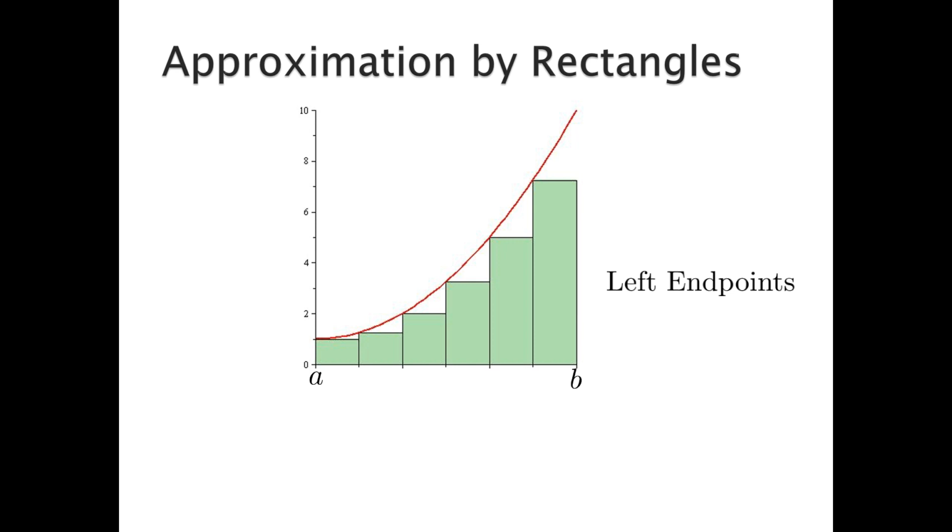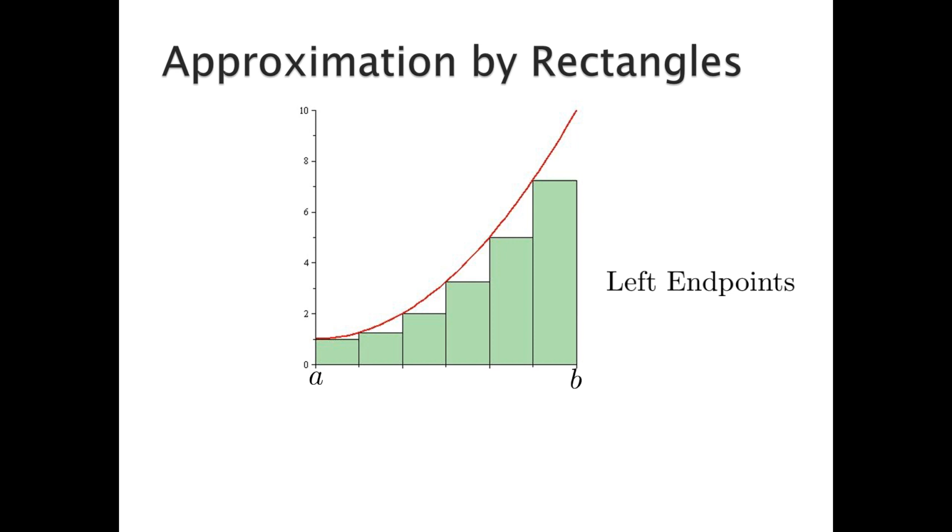And instead of assuming that the height is anything I might assume, I'm going to assume that the height is equal to the value at the left side of that interval. In other words, the value that it is when it starts there at A. Then in the second breakpoint, I use the height equal to whatever the height of the function is, again, at the start of that interval on the left. And I get these various rectangles.